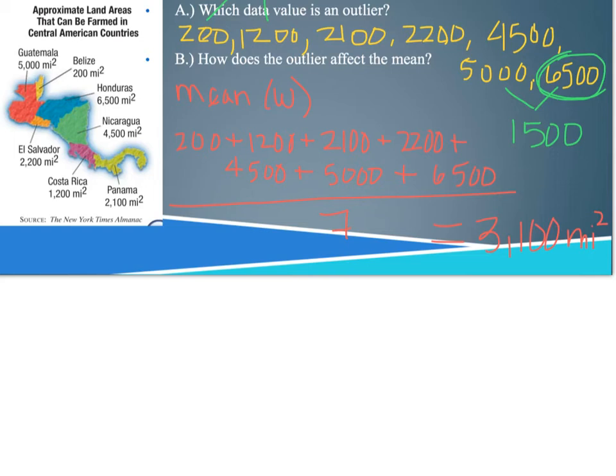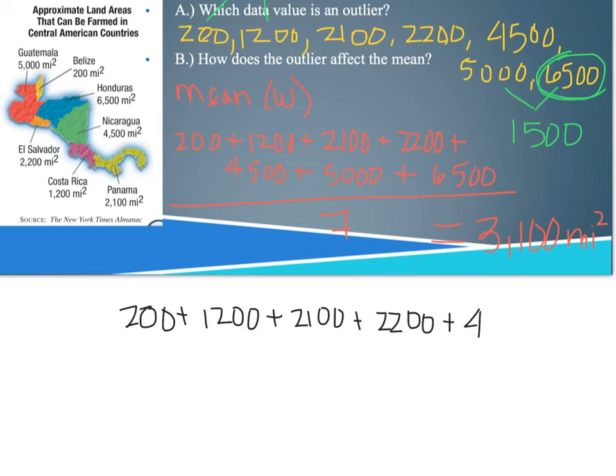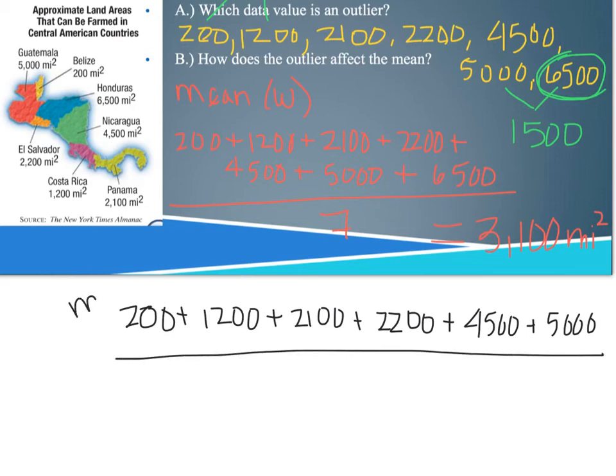Now let's look at the average if we take out the outlier of 6,500. So I'm still going to go through the same process. I have 200 plus 1,200 plus 2,100 plus 2,200 plus 4,500 plus 5,000, and again I'm going to leave out the 6,500 because this is our mean, and I'm going to put WO for without the outlier.